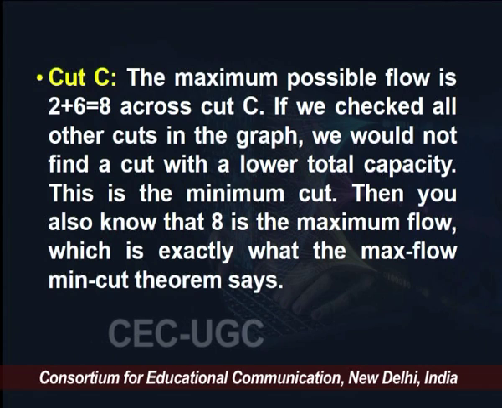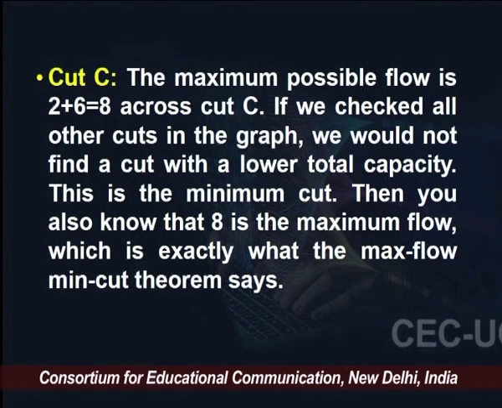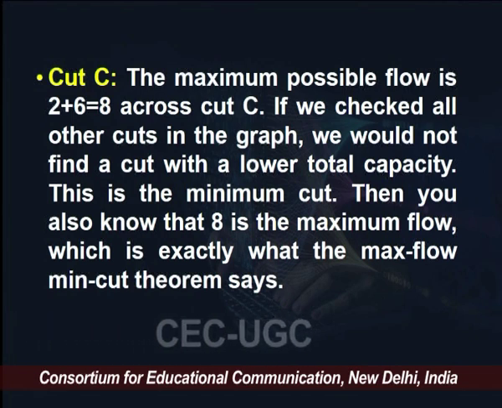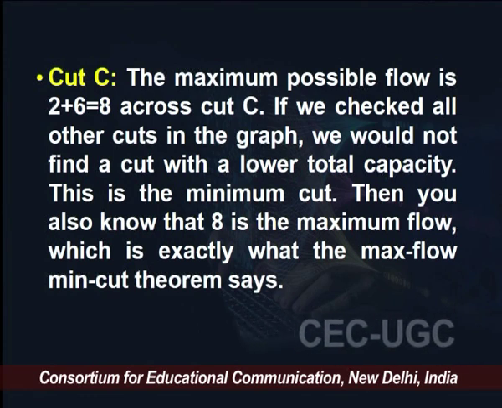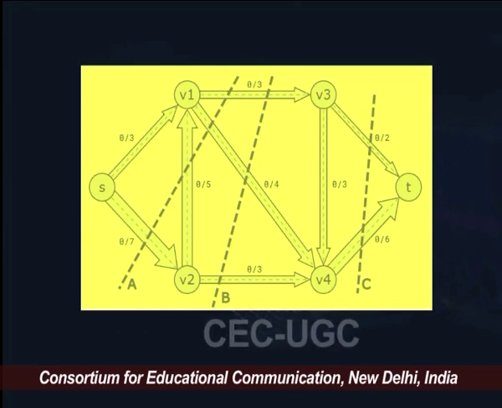So, if we checked all other cuts in the graph, we would not find any cut with a lower total capacity as compared to C, because the cut A is giving us 14, the cut B, as we have seen, is giving us 10. Now, the cut C, so these 3 cuts we have seen in our figure.